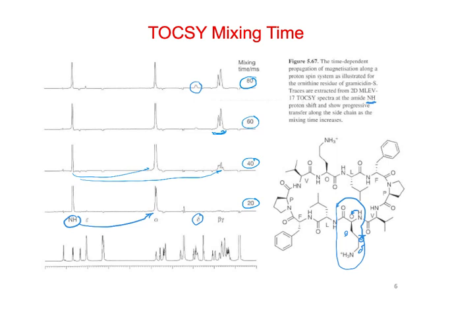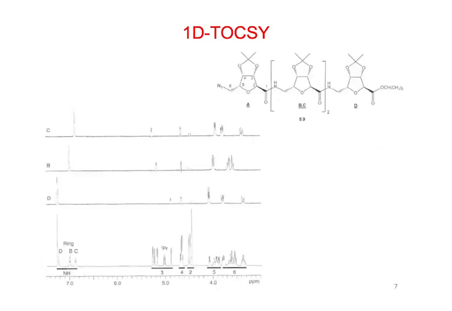So we can run a series like this. I think these are just slices out of a 2D experiment. But there is also a variant that is just a one-dimensional experiment, where you irradiate, kind of like the selective decoupling experiments that we learned about way back, or the difference NOE experiments we looked at.